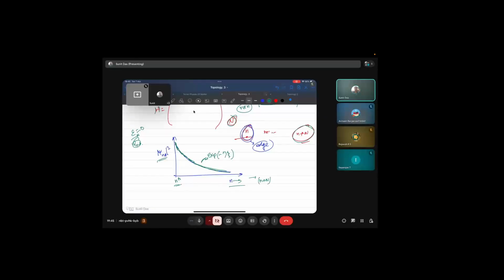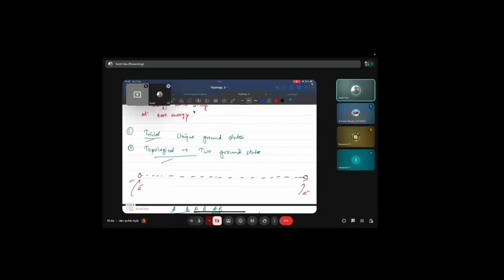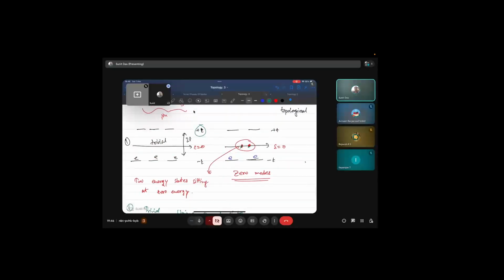So what this tells us is that these zero energy states live on the edge of the sample, and that's why we call them edge states.